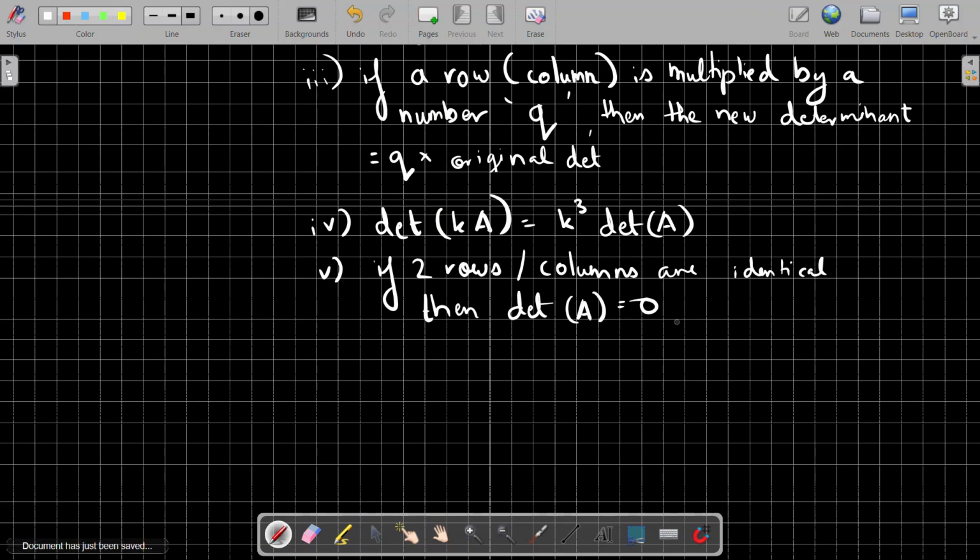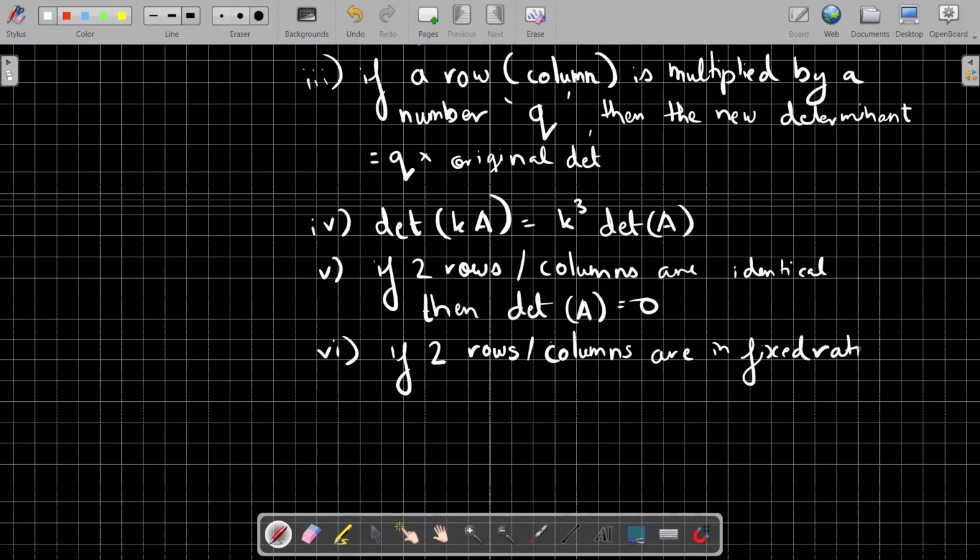And this is a special case of property number 6, which says if two rows are in fixed ratio to each other, then det A is also equal to 0.